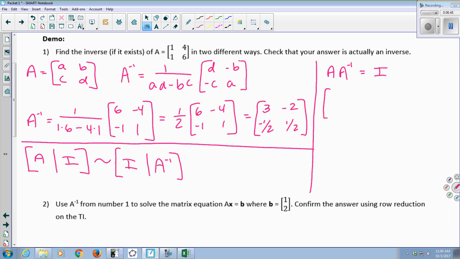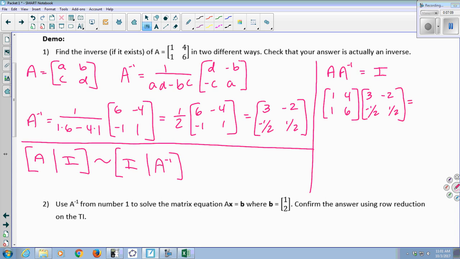All right, so A is [1, 4; 1, 6]. Multiply that by the A inverse I found. Oops, sorry, that was A inverse. Start with A, [1, 4; 1, 6], times A inverse, [3, -2; -1/2, 1/2].